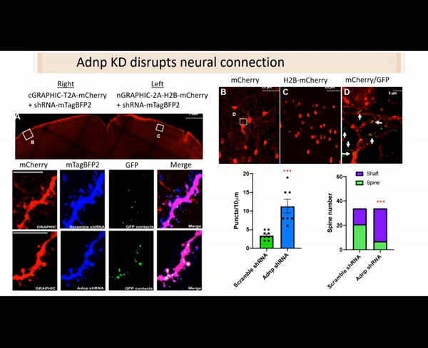Our experiment targets excitatory pyramidal neurons and analyzed the intracortical connection. Our results indicate that Admp deficient neurons receive more excitatory input, even in the shaft region of dendrites.